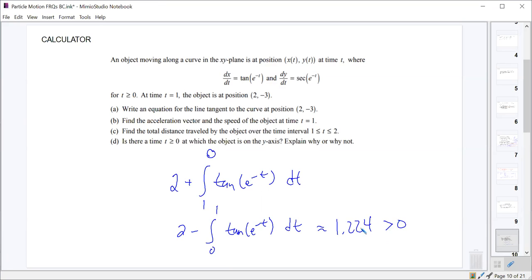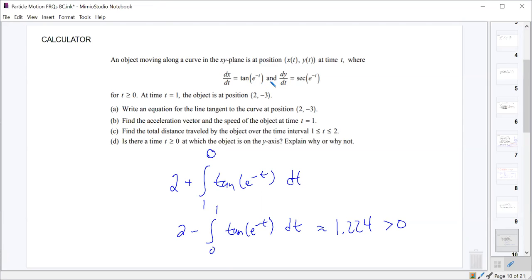So we know that it starts at a position that's to the right of the y-axis. That starts at an x value of 1.224. And let's see here. What else here? E to the negative t.